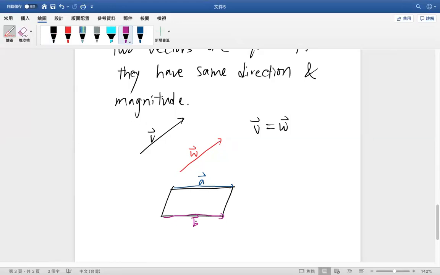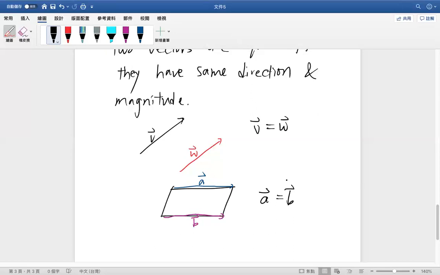Do they have the same magnitude? Yes, right? Because they are the opposite sides of a parallelogram. And are they pointing in the same direction? Yes, exactly. This is a very interesting example. That means if two sides of a parallelogram are described by two vectors, these two vectors are actually equal. Is it okay here?